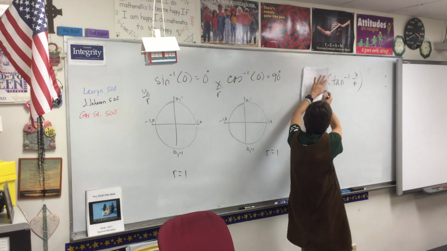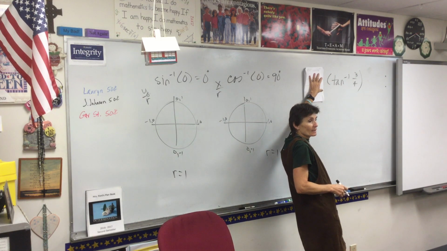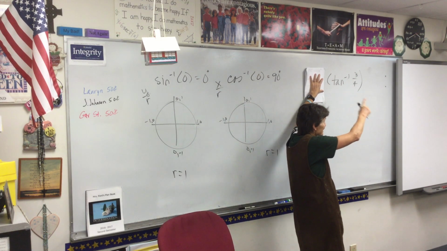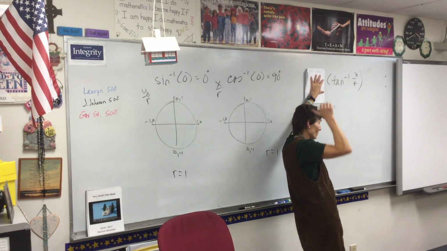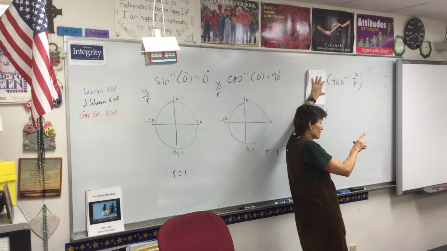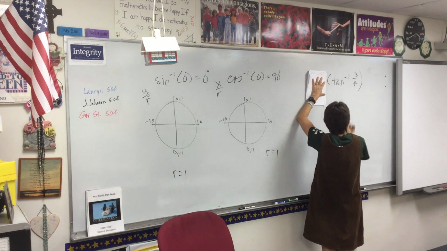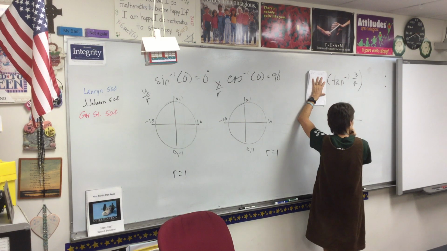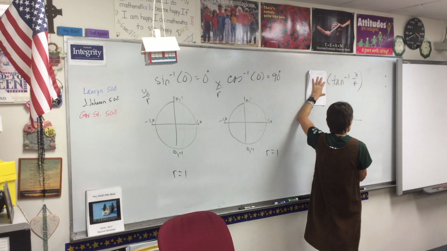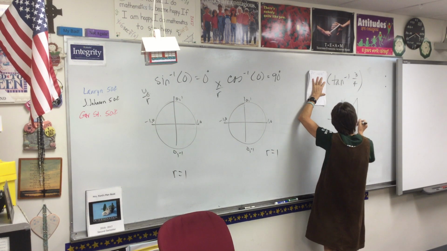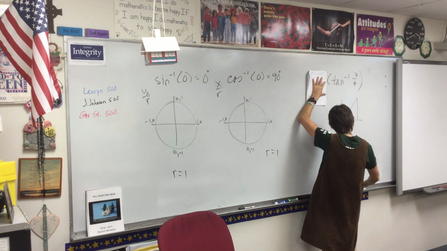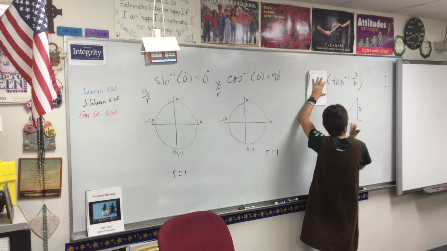Now, I'm going to cover this up for a minute. That looks exactly like the problems we've been working on, right? So I'm going to draw this in quadrant 1. Why am I drawing it in quadrant 1? It's a positive number. So I have an angle, and I know the tangent, the tangent is 3/4.